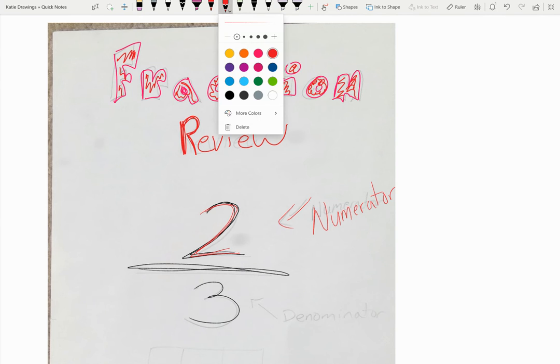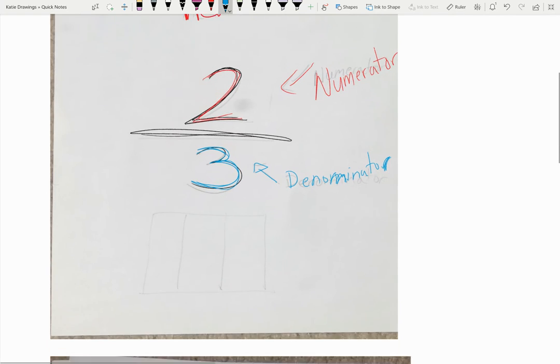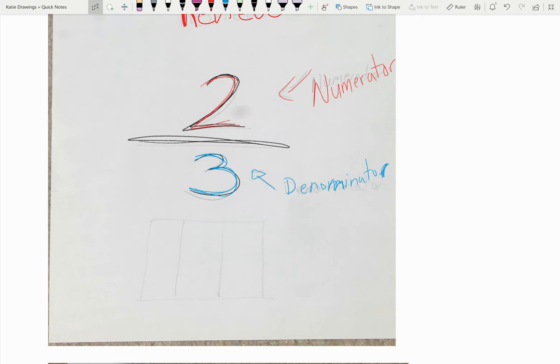And then on the bottom of our fraction, we have what we call our denominator. Sorry for the messed up writing. So you have your numerator on your top, you have your denominator on the bottom.